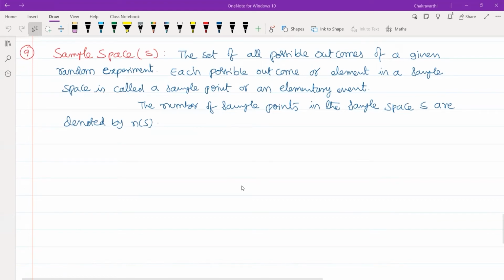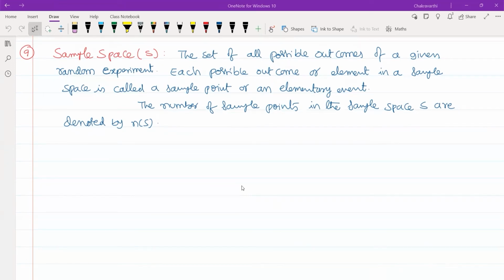What is sample space? In the last class, I already explained the exhaustive cases according to classical probability theory, associated with a random experiment.